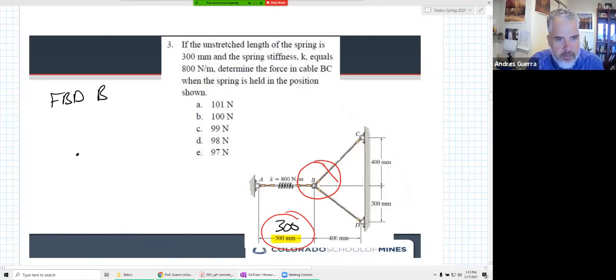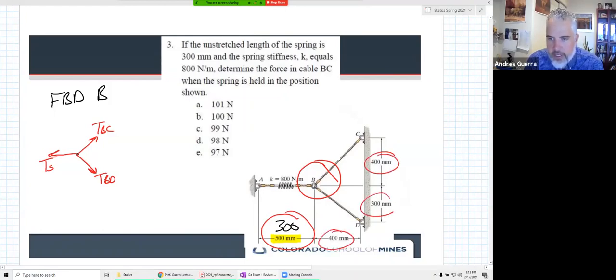And so we're going to have a tension in B to C. We'll have a tension over here in B to D. And we have this tension from A to B, or we could call it the TS for spring in there. Now we look at that FBD, and we do have our geometry. It looks like there's a 4. We can add our geometry to this because they give us all that stuff. So we could certainly add those slopes or angles, however we want to do that.